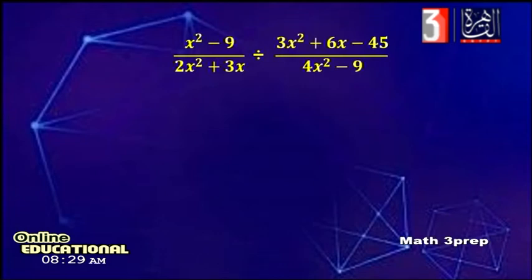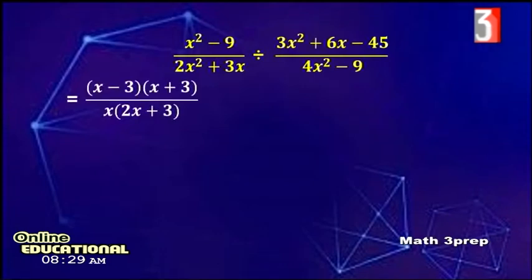As n of x equals x squared minus 9 over 2x squared plus 3x, divided by 3x squared plus 6x minus 45 over 4x squared minus 9, by making factorization, difference of two squares, it is (x minus 3)(x plus 3). And in the denominator, you take x as a common factor, so it is x(2x plus 3).